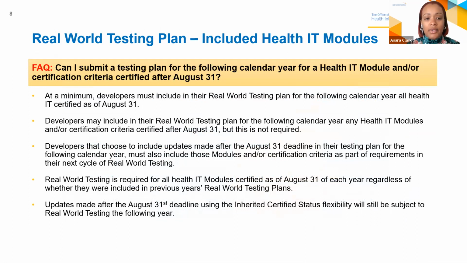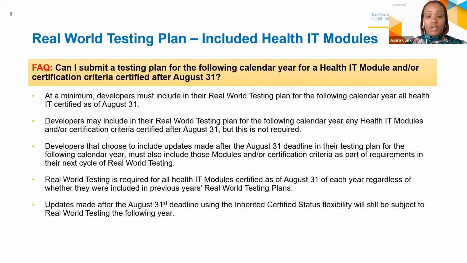So again, at a minimum, developers must include everything that's been certified as of August 31st. However, they are not prohibited from including in their real world testing for the immediately following calendar year certifications that have been certified after that August 31st deadline. Keep in mind that it's not required, but you can do so.